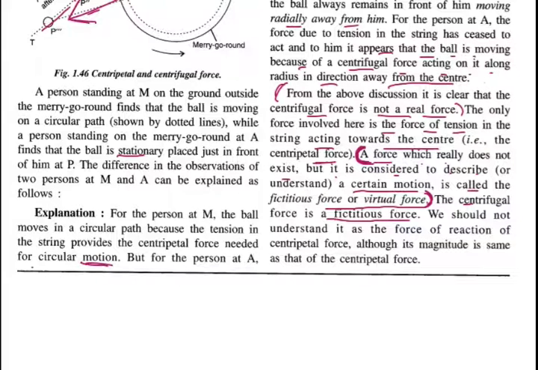So why is the centrifugal force a fictitious force? Because it really does not exist, but it is considered to describe a certain motion. Fine. We should not understand it as the force of reaction of the centripetal force, although its magnitude is the same as that of the centripetal force.